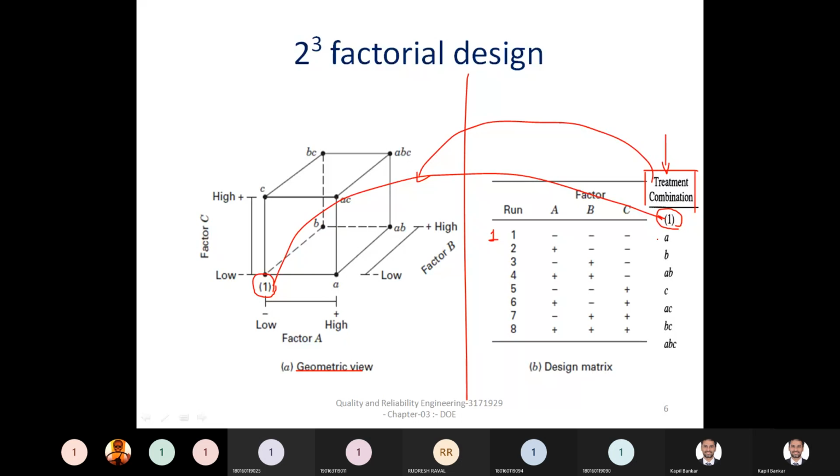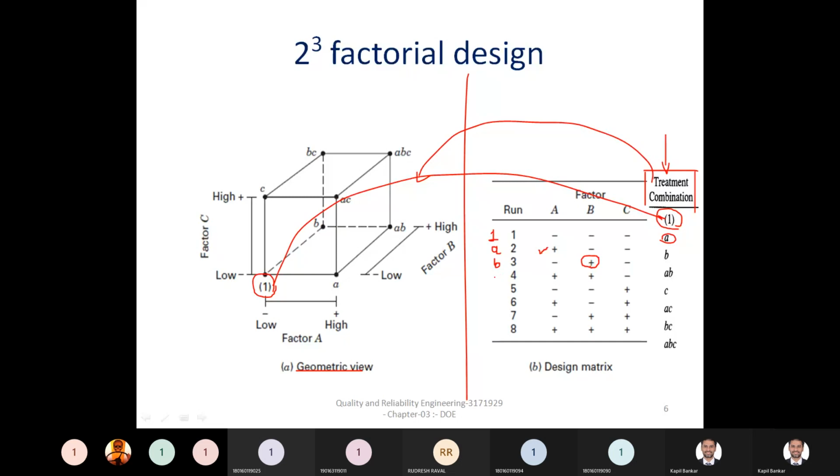Suppose second treatment, that is A. Okay, so for this second experiment, consider A. Means the A factor could be high and the remaining would be low. Suppose here B. Means only the B factor would be high and remaining factors would be low.